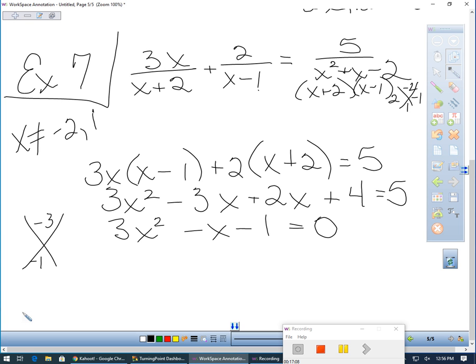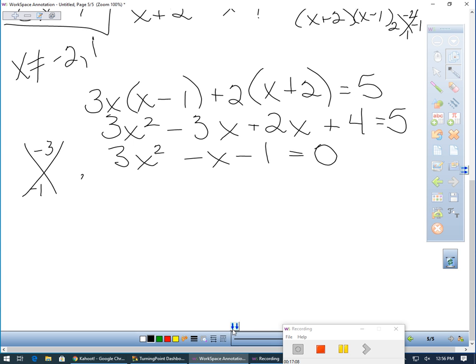So can I factor this? Nope. Guess what we have to do? Quadratic formula. A equals 3, B equals negative 1, and C equals negative 1.